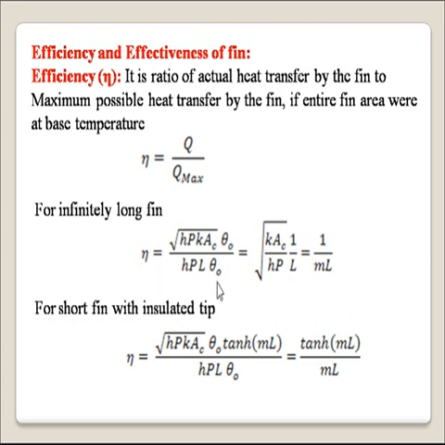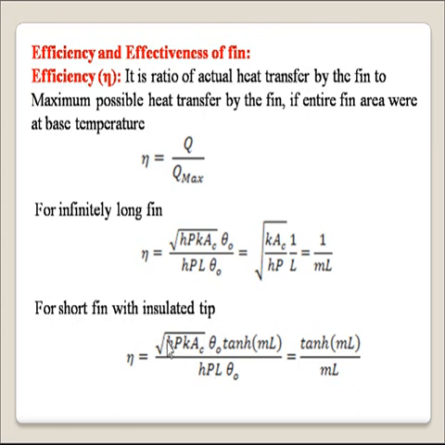So efficiency of the fin increases with increase in thermal conductivity, increase in cross-section area, decrease in h, decrease in perimeter, and decrease in length. For a short fin with insulated tip, efficiency is given by actual heat transfer to maximum.